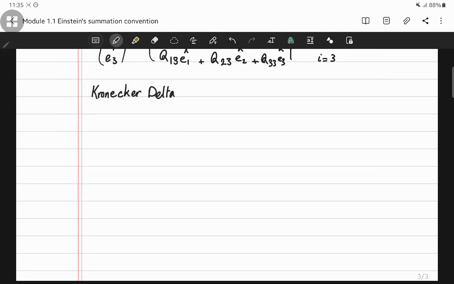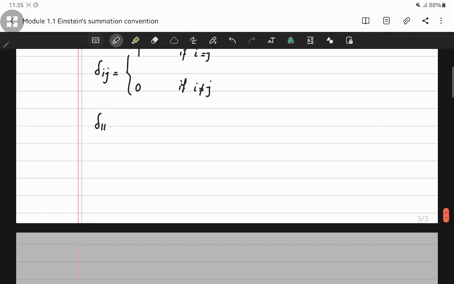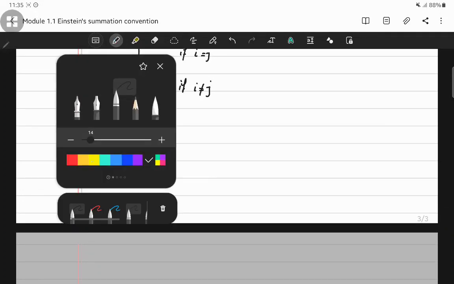So we define the Kronecker delta as delta ij. And we define it like this. It is equal to 1 if i is equal to j, and it is 0 if i is not equal to j. So for example, if you have an expression like delta 1 1, so i is equal to j, of course.